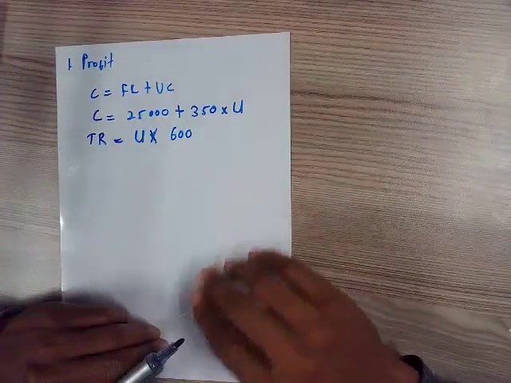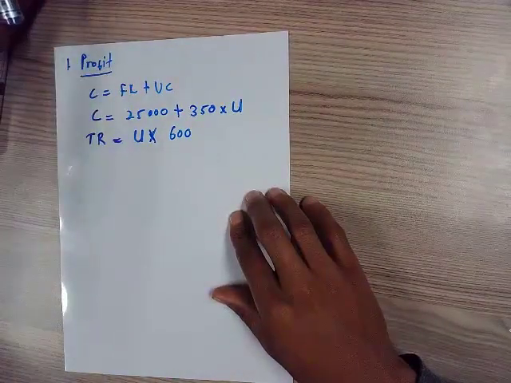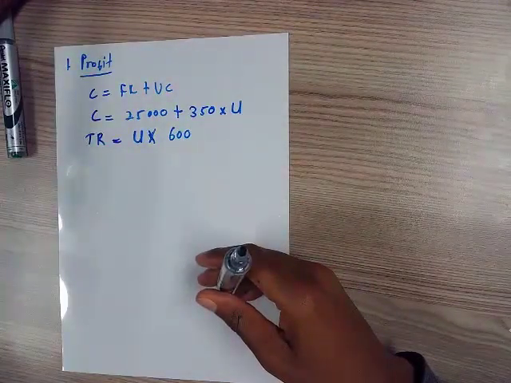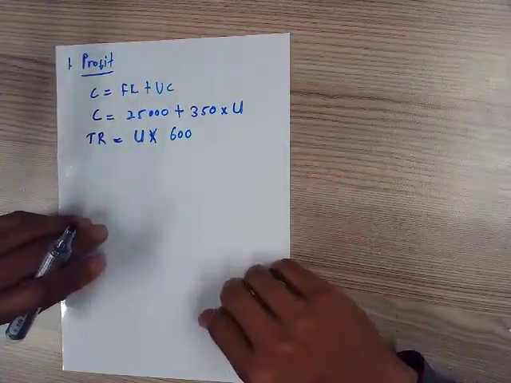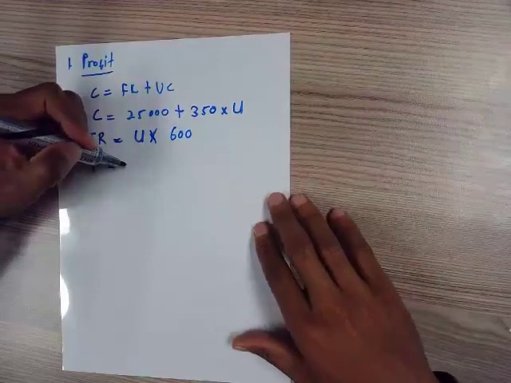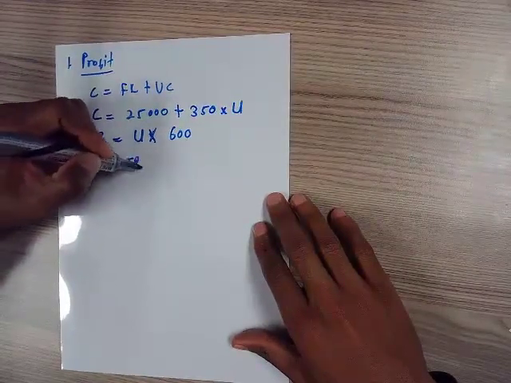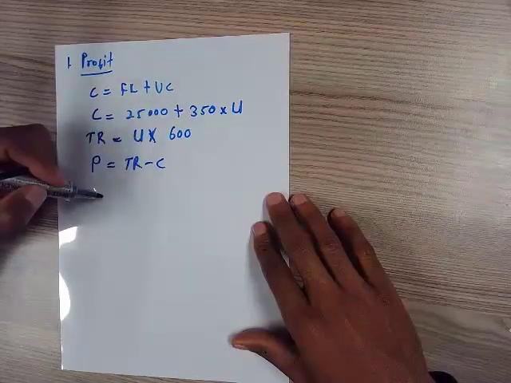Now that you have these two, you've constructed these two equations. Okay, what do we need here? We need a profit, a linear profit equation, which is equal to total revenue minus cost.